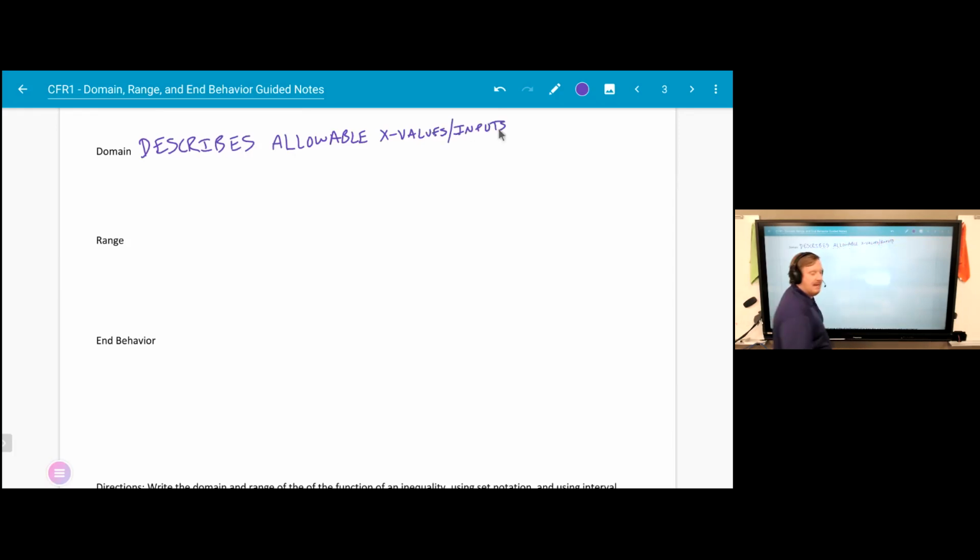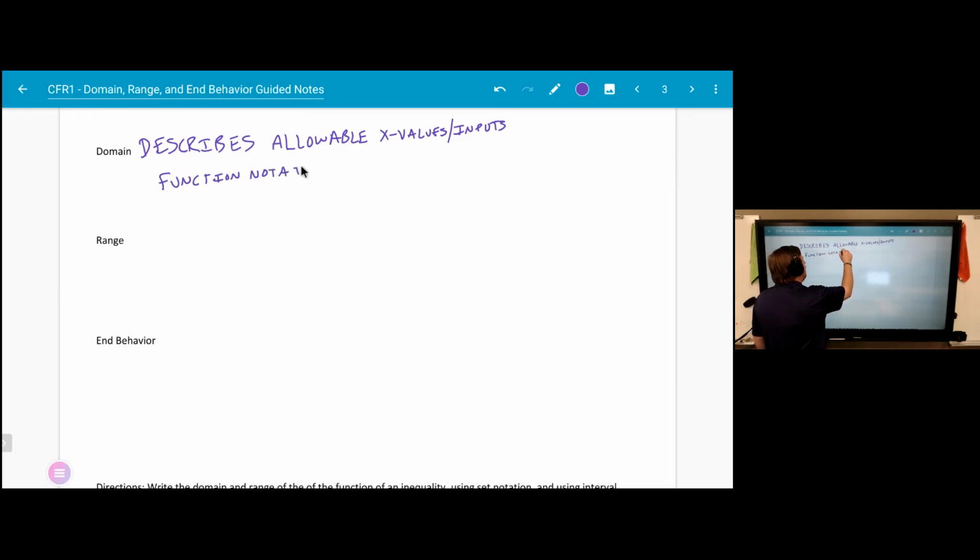Okay, same thing, X values or inputs. In function notation, ooh, we've done that a bit. In function notation, we call this just X. That's what we call it in function notation.